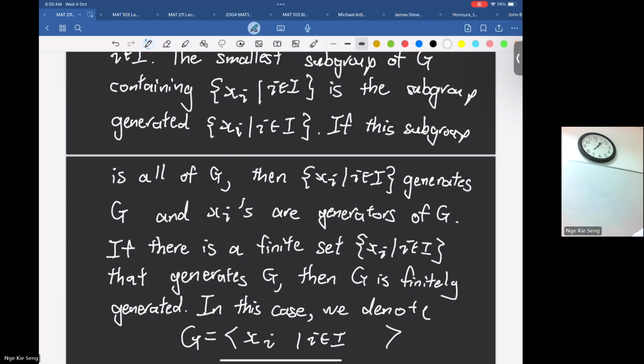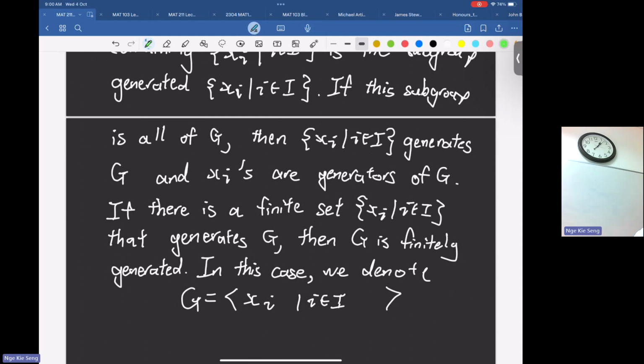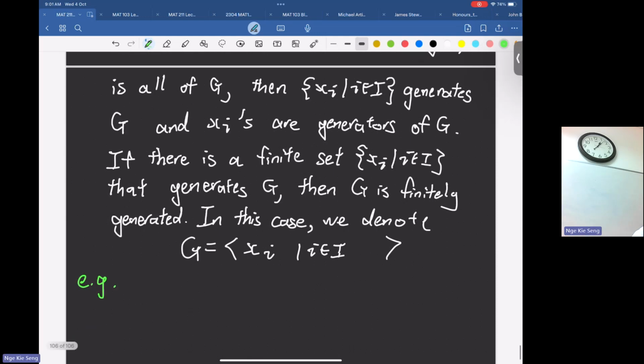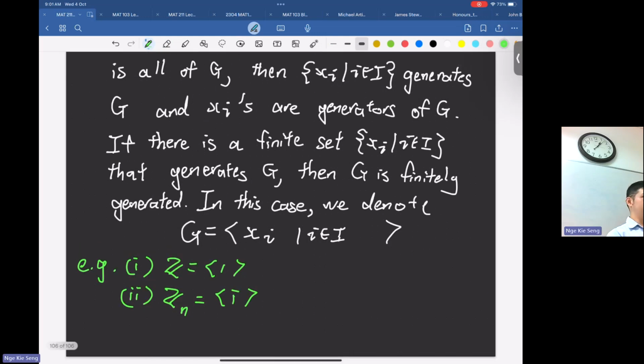So for example, what have we seen that is finitely generated? Z is finitely generated by 1, a cyclic group. Zn is finitely generated by 1 as well. Or if you want to be pedantic, you put 1 bar, but in calculation, typically we ignore the bar because there are too many bars to write.